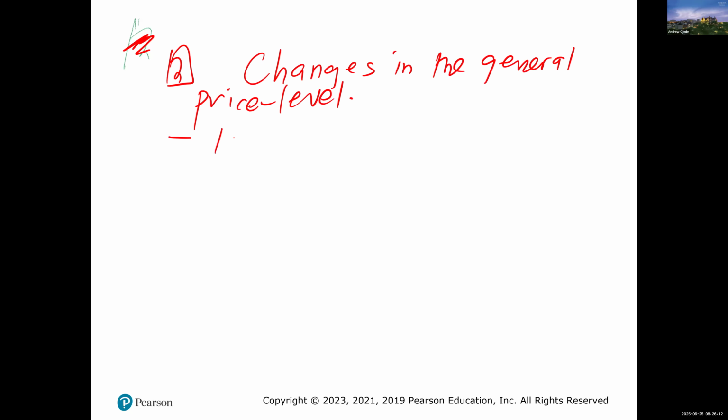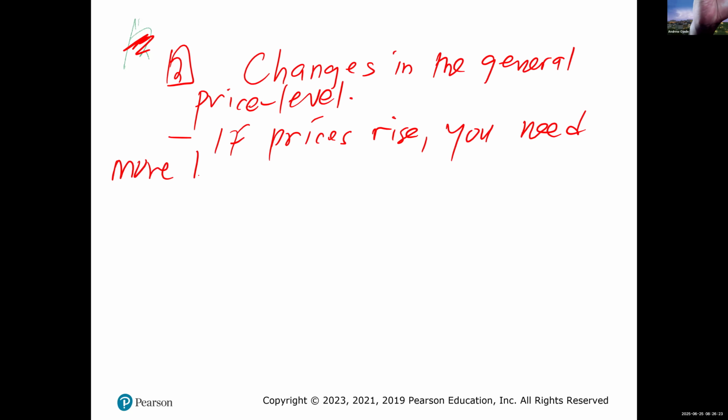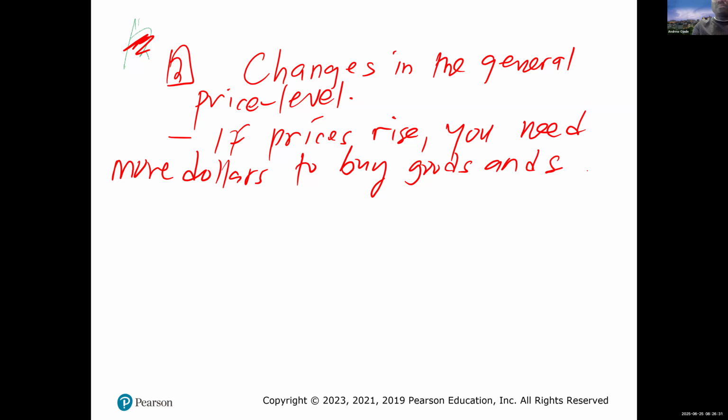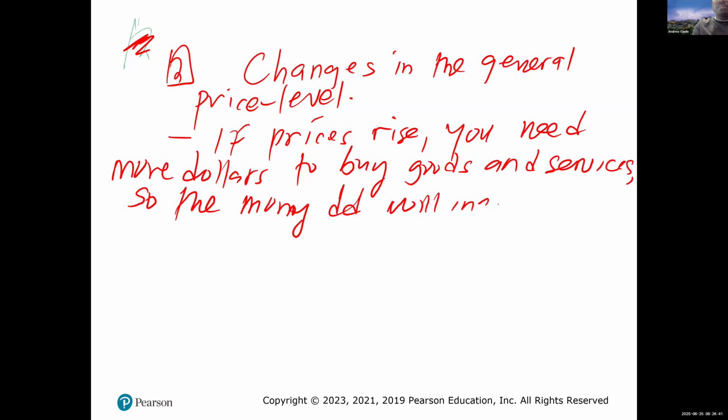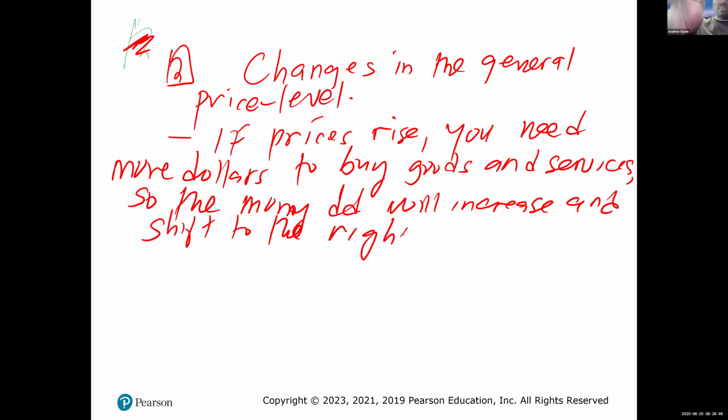If prices of goods are rising, you need more dollars to buy goods and services. So the money demand is going to increase and shift to the right. And vice versa.